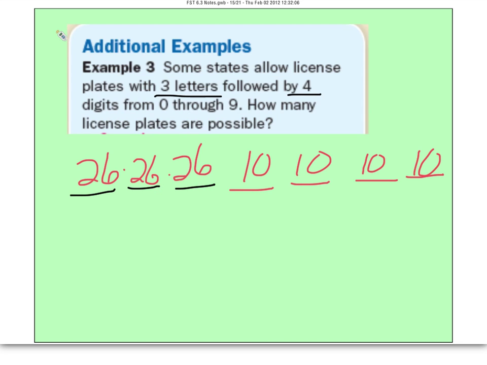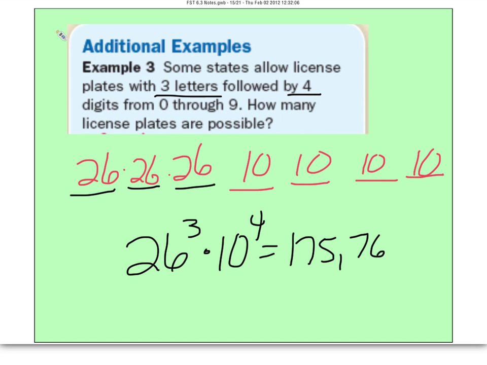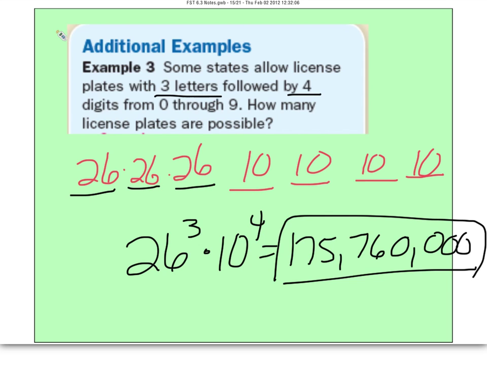If I wanted to write this, I could have said it was 26 to the 3rd times 10 to the 4th power. If you multiply that out, we're going to get 175,760,000 different license plates can be created if we just add one more alpha field at the beginning.